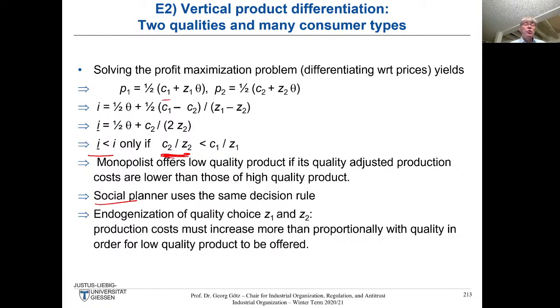What we could do in a next step, and I don't know whether we have a problem on that, would be interesting, is we could endogenize this choice of the quality of Z1 and Z2.